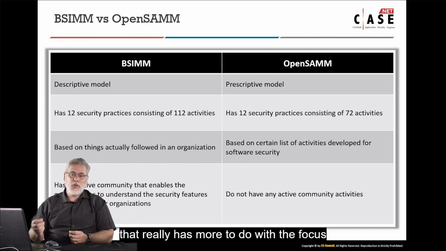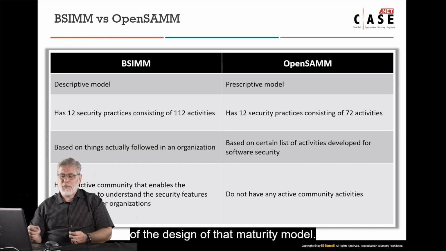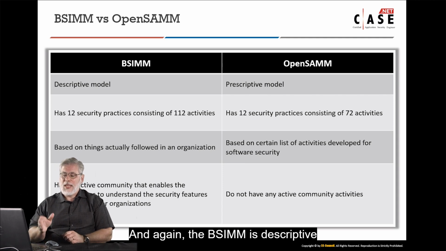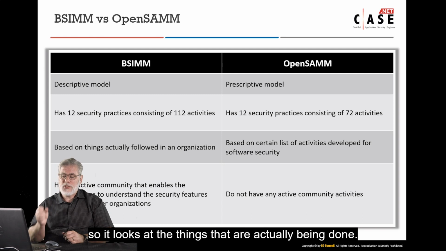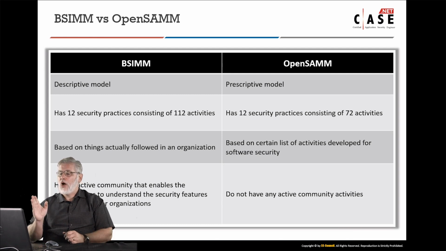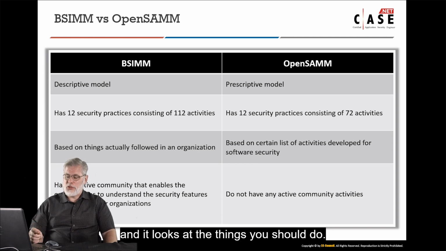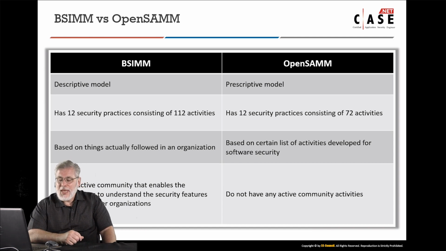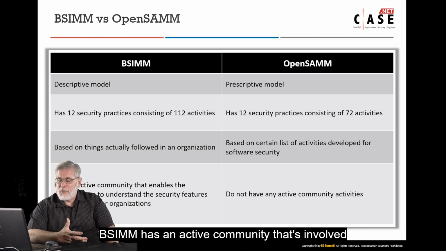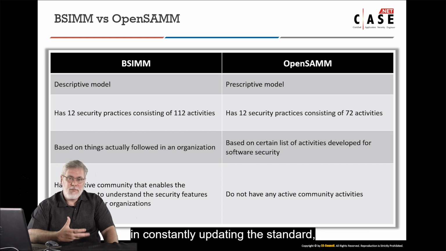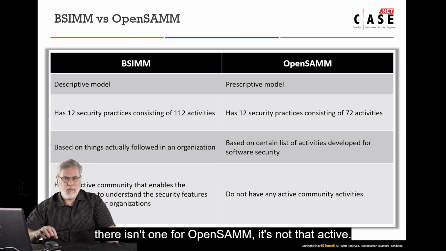That really has more to do with the focus of the designers of that maturity model. And again, the BSIMM is descriptive, so it looks at the things that are actually being done. OpenSAM is prescriptive, and it looks at the things you should do. BSIMM has an active community that's involved in constantly updating the standard. There isn't one for OpenSAM.